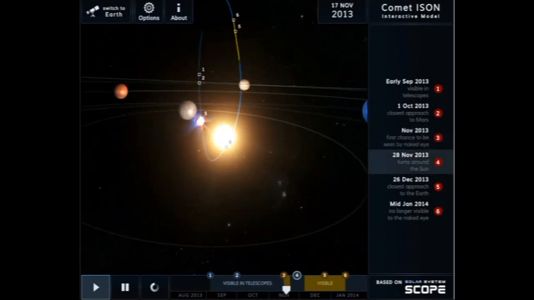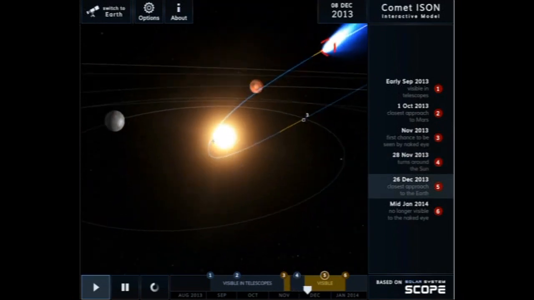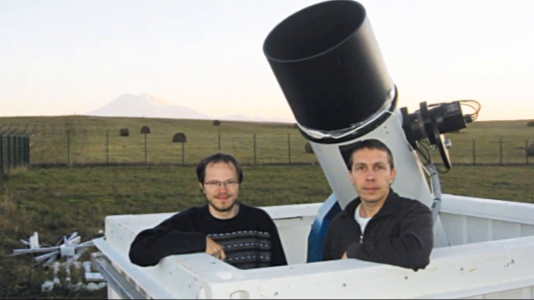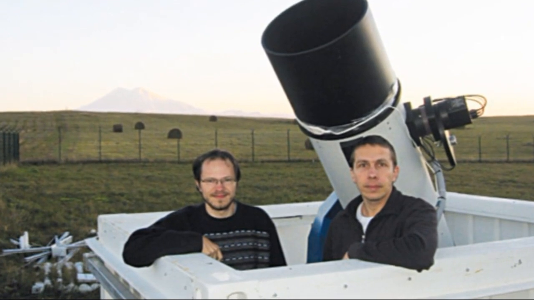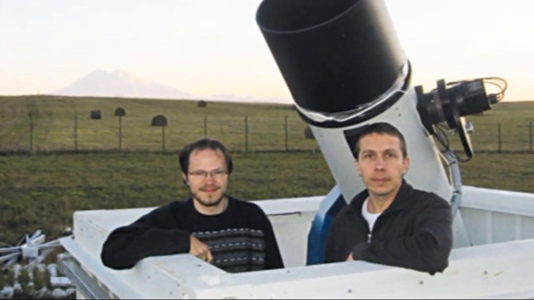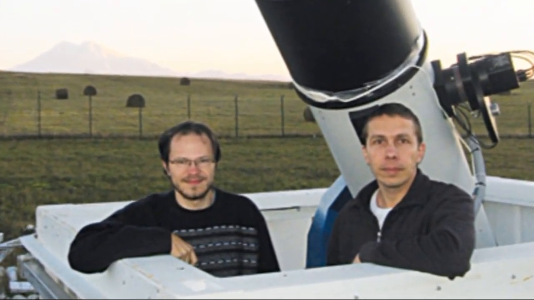Right. Well, Comet ISON is a prime example because that was discovered by 2 amateur astronomers. Partly why I went through the explanation of the size and scale of things in the solar system is because of the way that comets are discovered by amateurs, and you've got some quite advanced equipment now. Comet ISON was discovered in September 2012 by 2 Russian astronomers.